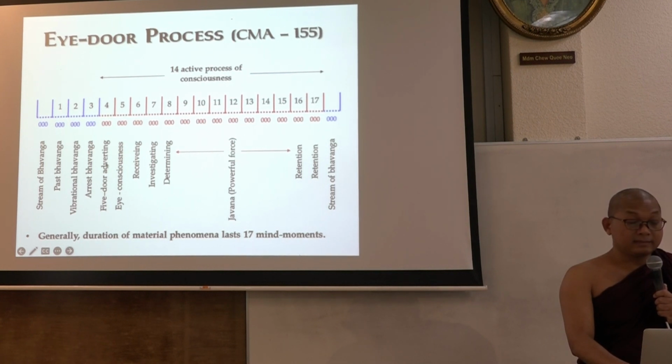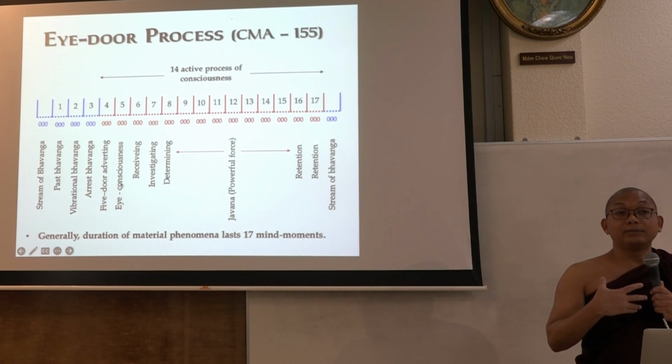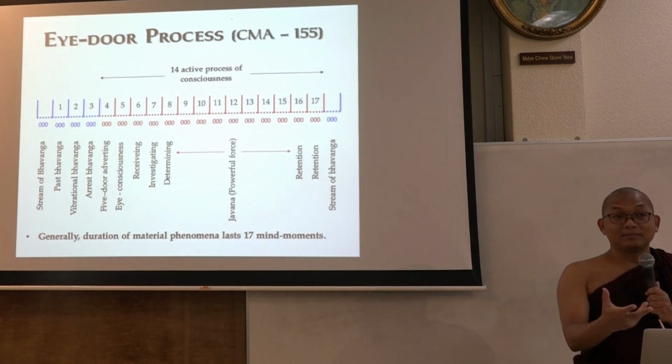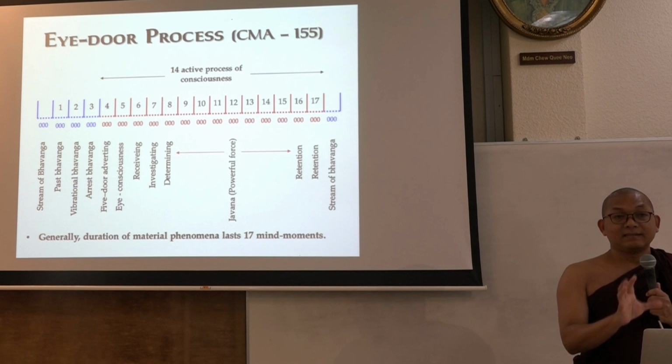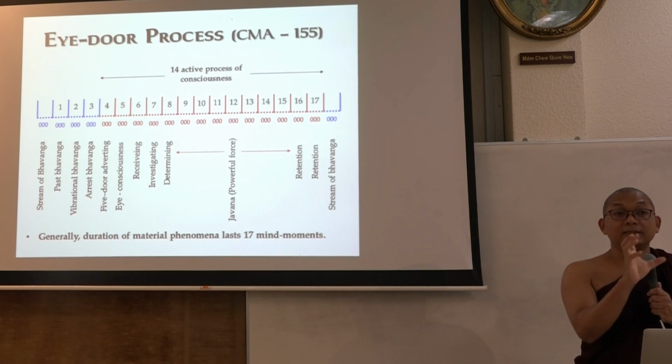Then the door opens. Then you will see the object. It's called unconsciousness. Even though I use the word, you see the object, you do not know what it is. According to Abhidhamma, you need to receive that object. The mind received that object. You do not know whether it is a human being or animal, whether black or white, man or woman, like that.